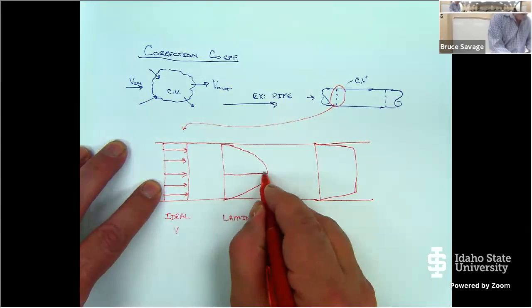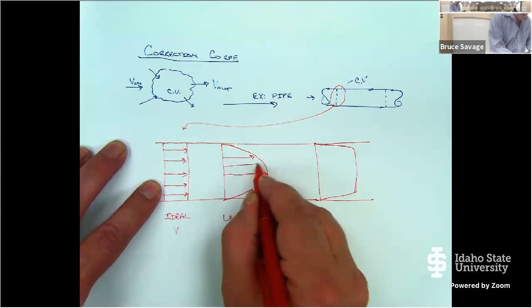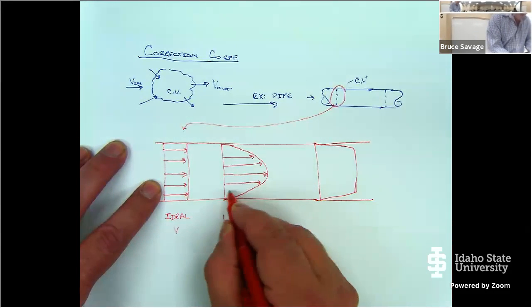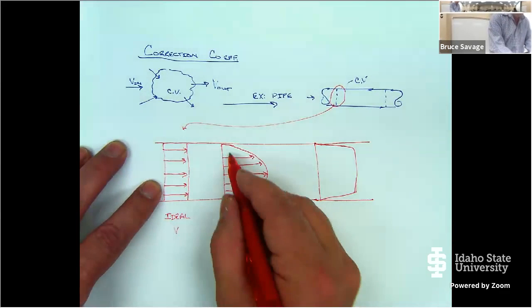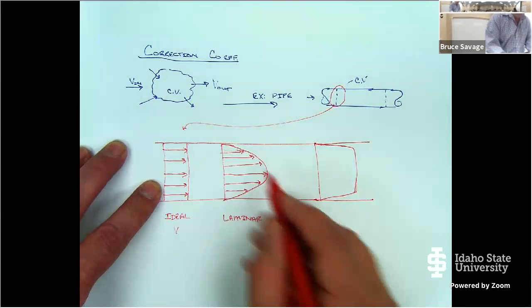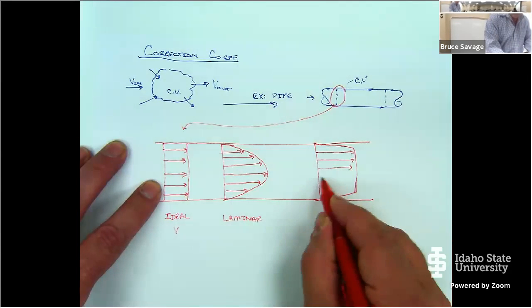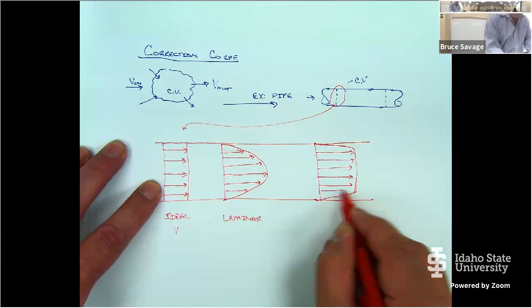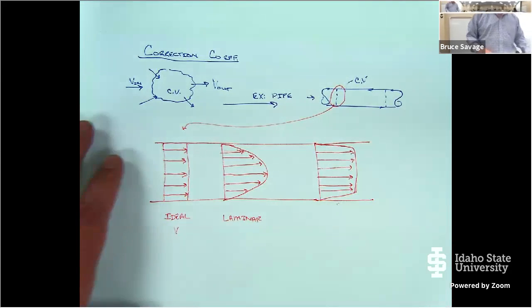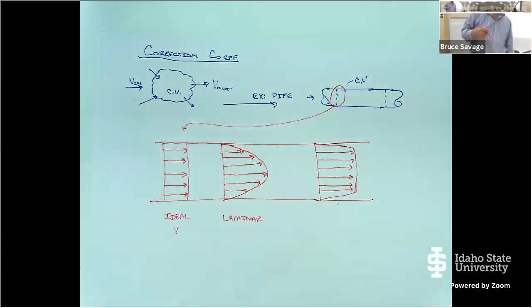So laminar, we get this bullet-shaped velocity profile, if you will. And turbulent, where it's mixing a lot, it's relatively flat, but it does go down. We have shear stress at the side of the pipe due to the no-slip principle, which means that a fluid next to a solid surface moves with the velocity of the solid surface.